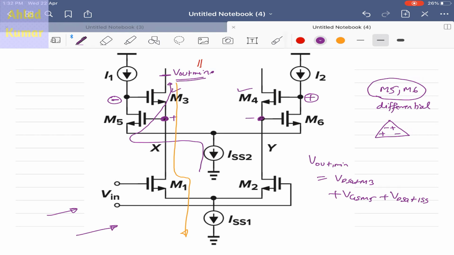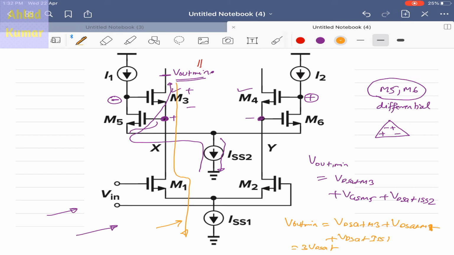Right or not? This is VDsat of M3, then you go VGS of M5 down, and then we have VDsat of ISS2. If you go through this path, then Vout min is VDsat of M3 plus VDsat of M1 plus VDsat of ISS1. So effectively it is 3 VDsat.